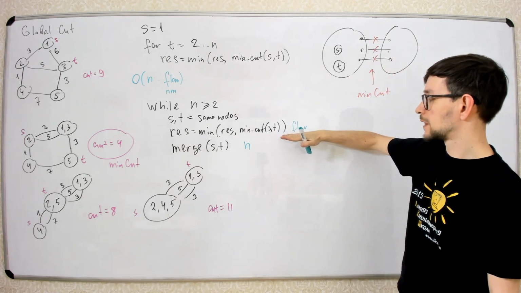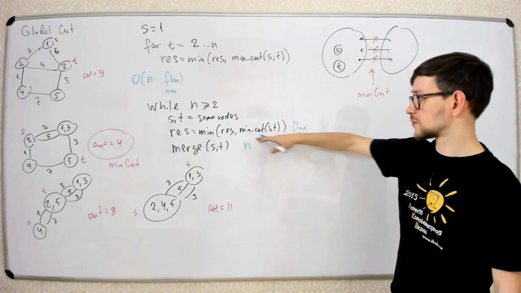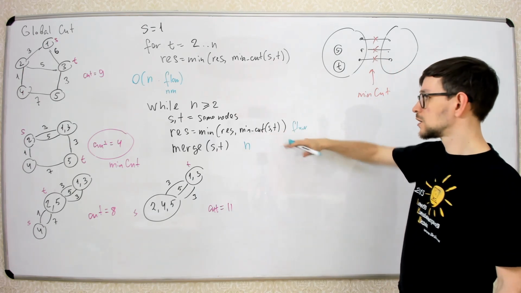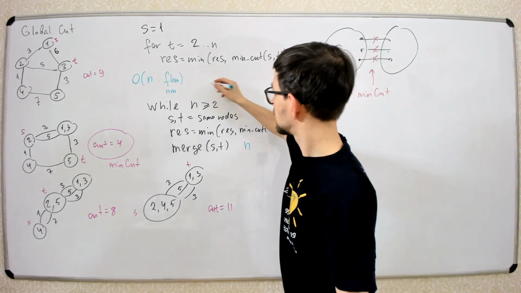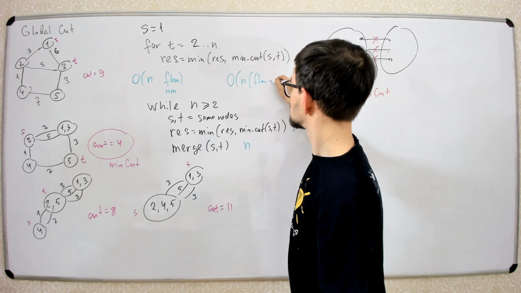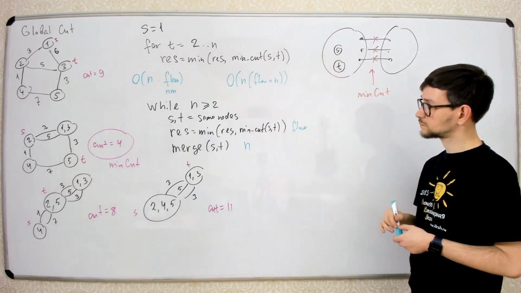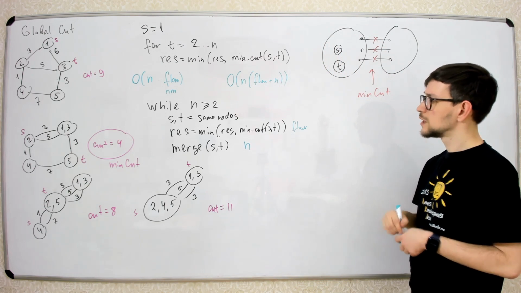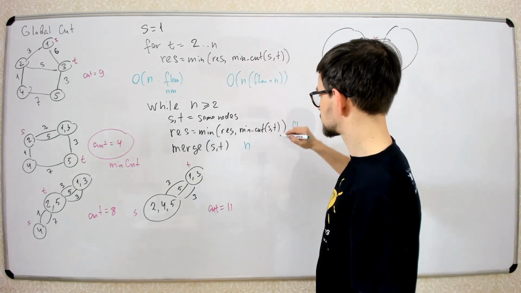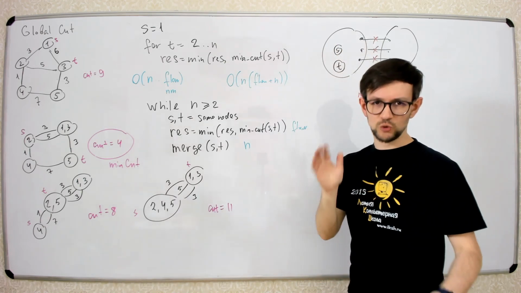So now, the bottleneck of this algorithm is actually this maximal flow. So the time complexity will be n multiplied by flow plus n, something like that. Okay, let's say plus m, just for simplicity. You can do it in time n.